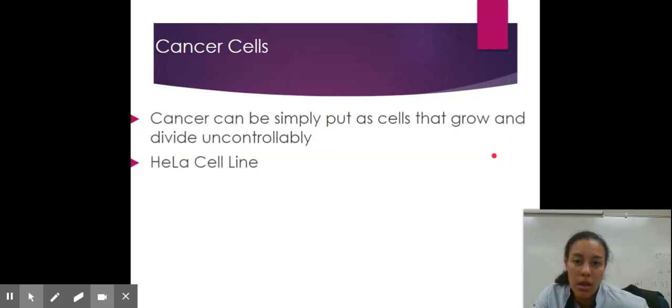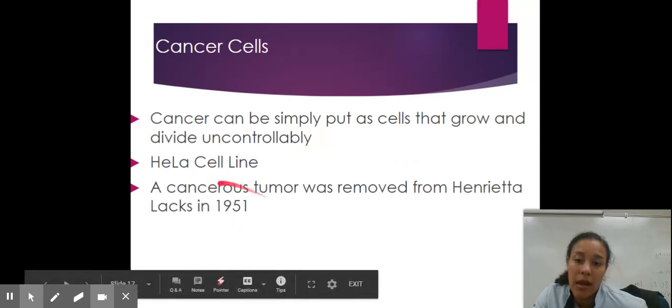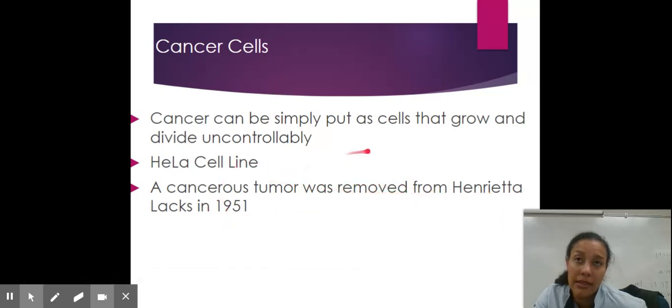So they divide uncontrollably. We'll talk about HeLa cells and the importance of HeLa cells in biology in class specifically, but basically these are crazy, amazing cells that have been able to hang around since 1951 when the patient Henrietta Lacks was first diagnosed with cancer, and they took some of her cells in order to do some research on them.